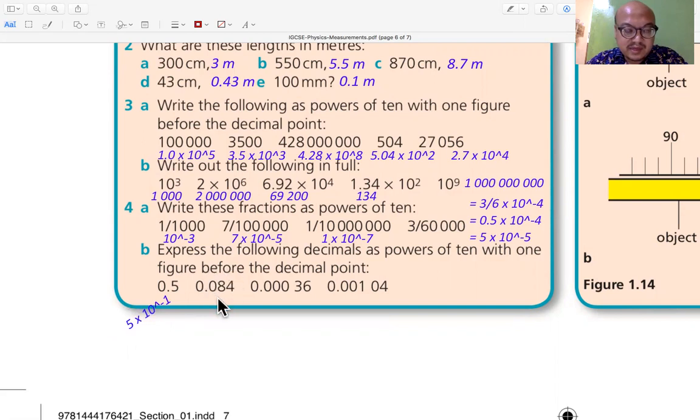And what about this one? We can say 8.4 times 10 power minus 2, because the point moves 1, 2, so minus 2.